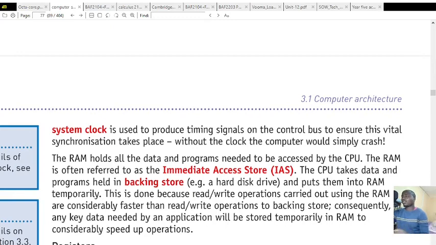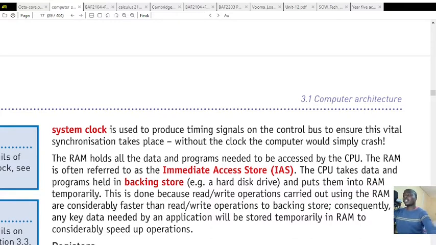So that's why there's that difference in speed, with read and write operations being carried out at a different pace in the RAM and in the hard disk, because of technically the distance between the microprocessor and where exactly data is positioned.